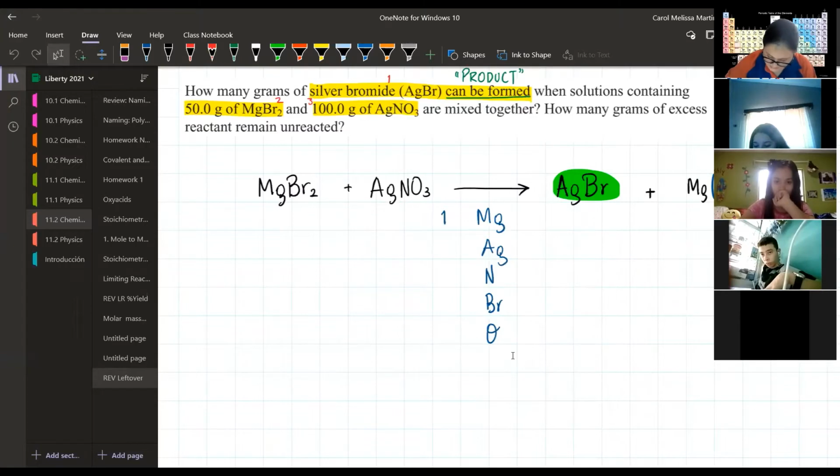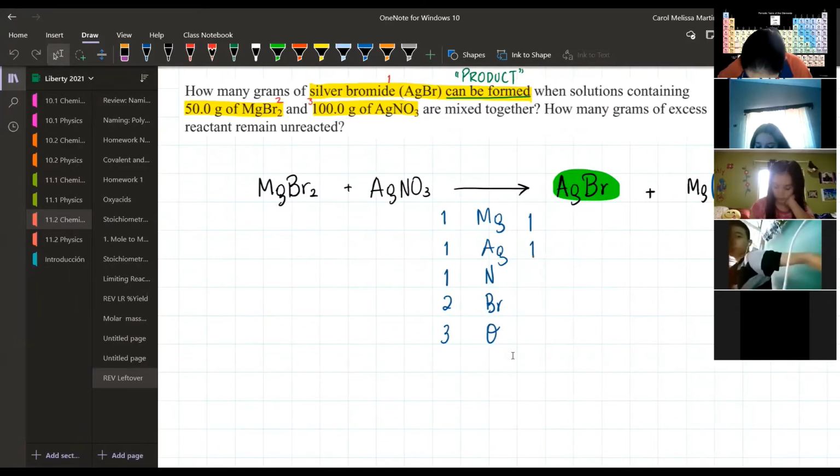Okay, so I'm going to list everything I have. 1 magnesium, 1 silver, 1 nitrogen, 2 bromines, and 3 oxygens. And in the products, I have 1 magnesium, 1 silver, 2 nitrogens, 1 bromine, and 6 oxygens.